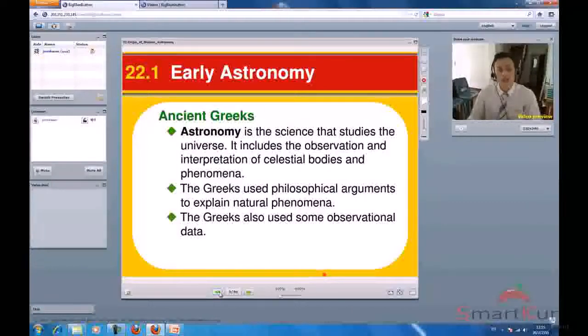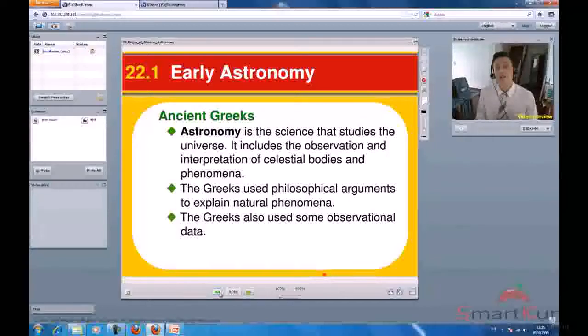Here we have a basic definition. You can read along with me. Astronomy is the science that studies the universe. It includes the observation and interpretation of celestial bodies and phenomena. Celestial just means in the sky.